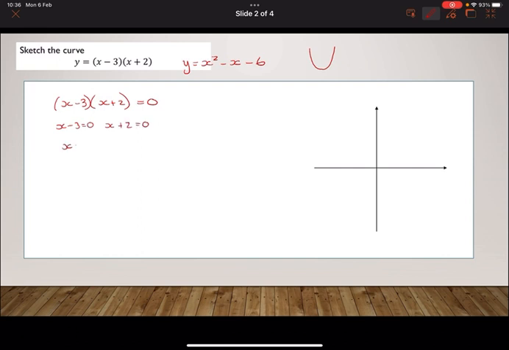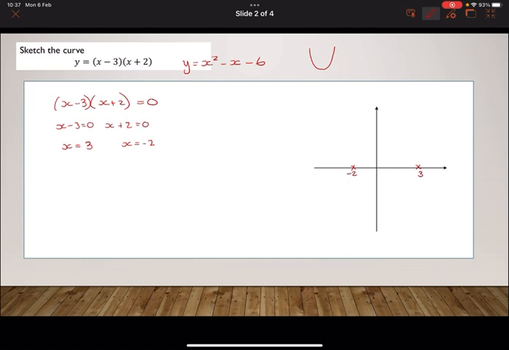So my first x-intercept is when x is equal to 3, and my second is when x is equal to minus 2. And I'm going to mark these on my axes. And you can see you don't need to use a scale when we're sketching. You just need to pop them on in sort of a rough place where they would fall.